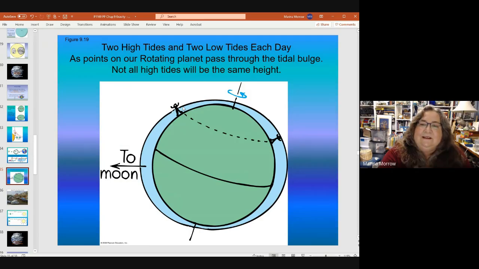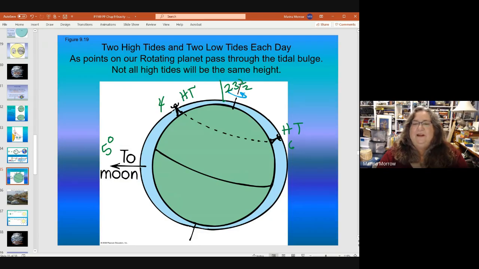The Earth tilts at 23.5 degrees to the sun, and the moon has a 5-degree angle. So you get combinations of where you're going to end up in the bulge. You can see here's a person experiencing a high tide that looks like about 4 feet, but over here their high tide is about 6 feet.